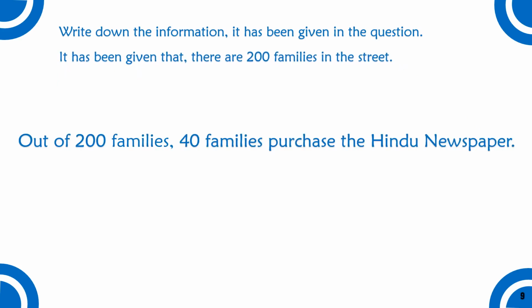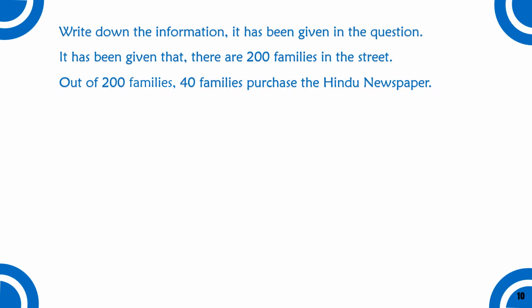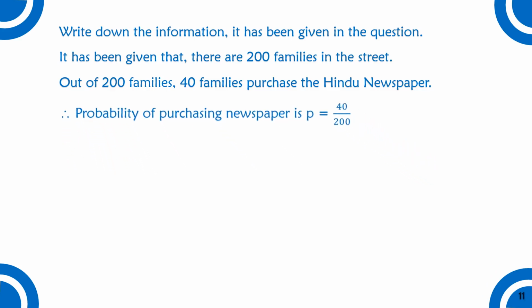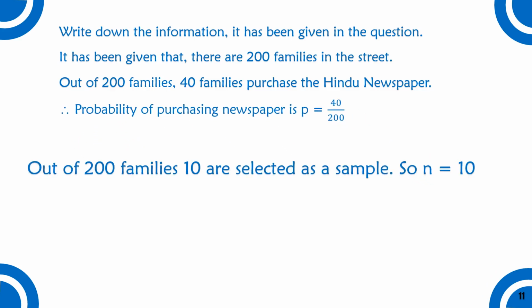Out of 200 families, 40 families purchase the Hindu newspaper. Therefore, probability of purchasing newspaper is P equal to 40 divided by 200. Out of 200 families, 10 are selected as a sample. So, n equal to 10.